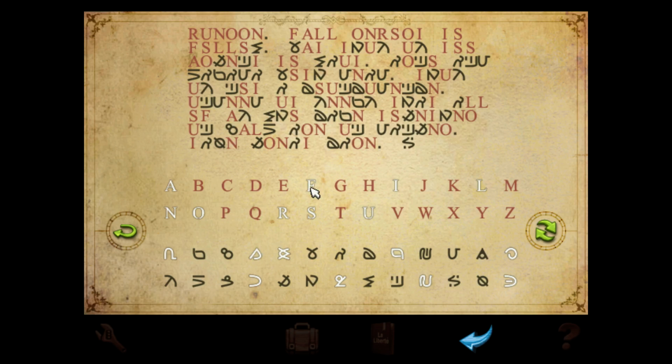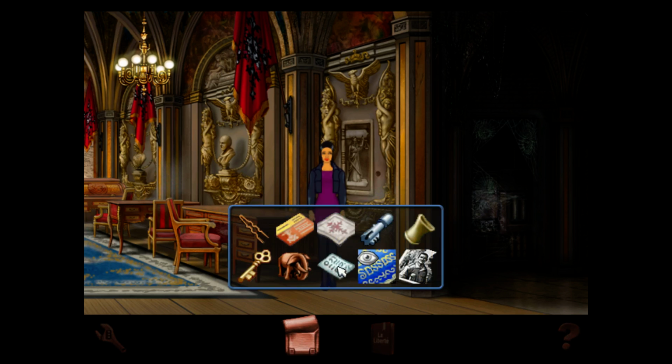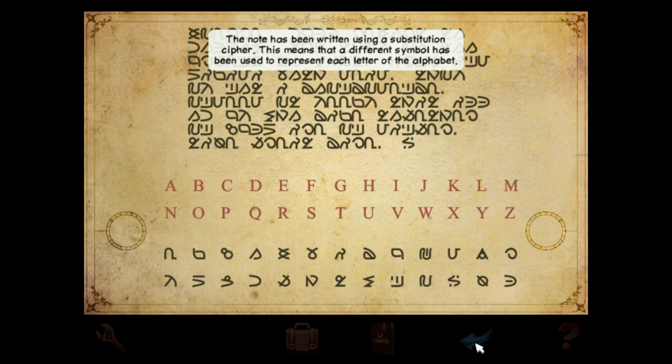F probably should be O. Wish we could just move things around. And since we don't know anything, and I've just reset it.